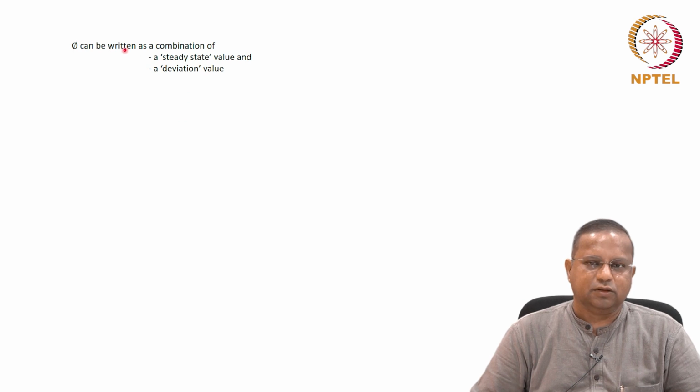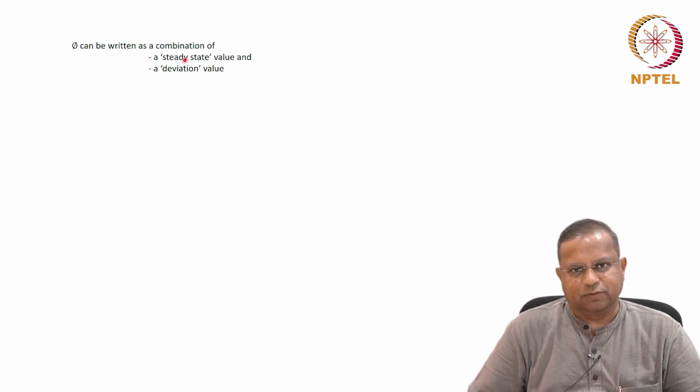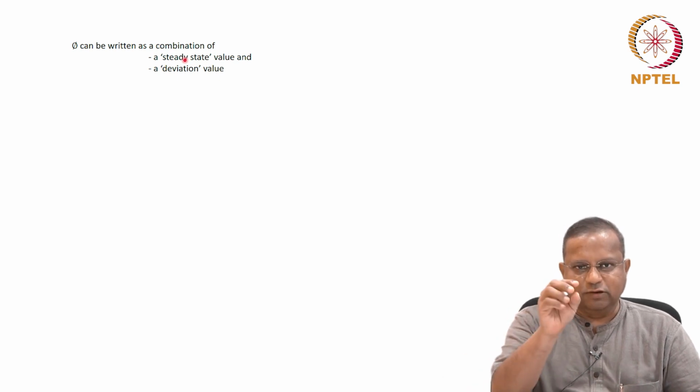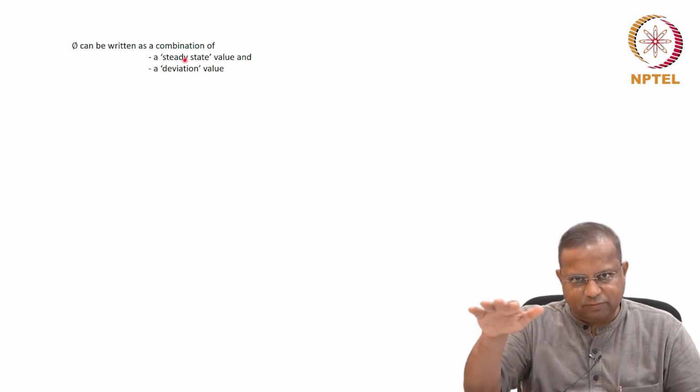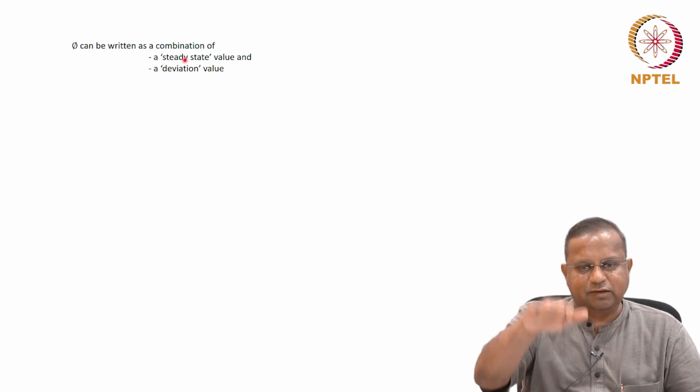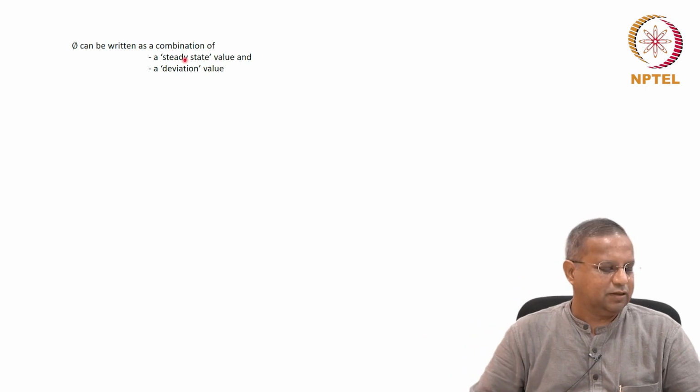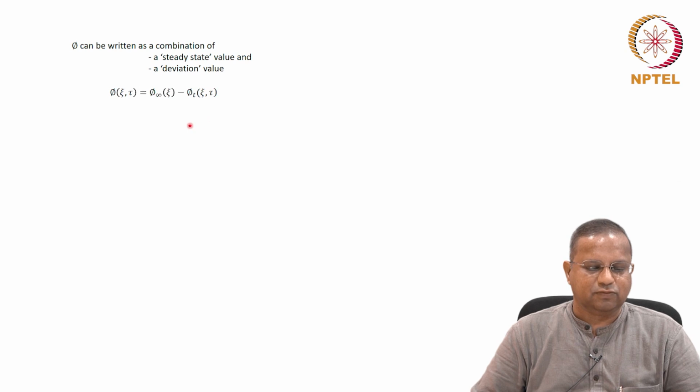Now, this is the standard trick that is done. This phi can be written as a combination of a steady state value and a deviation value. Nothing prevents us from doing that. Okay. The non-dimensional velocity at any point is some value plus or minus a certain deviation. This is a standard approach that is taken. So let us do it this way.